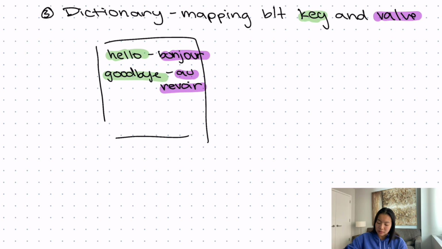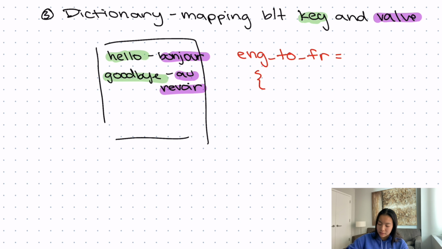So let me write this down on the iPad. A dictionary is something like this. So dictionaries, we denote this with curly brackets, and then inside the curly brackets, we have the key value pairs. So we have hello, map to, so the colon is for the mapping, and then bonjour, just like as you see here.